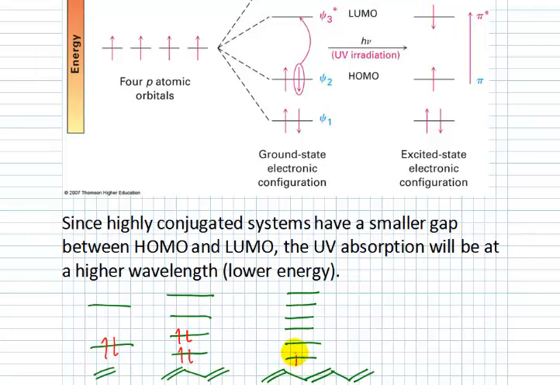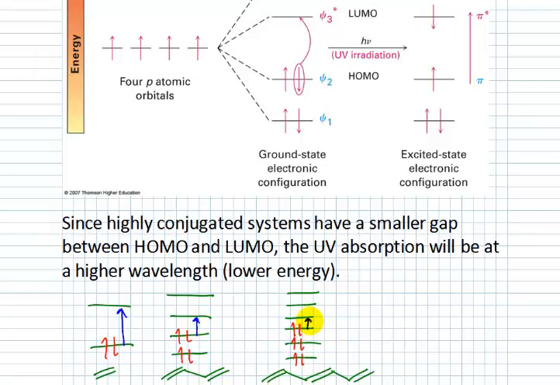And now I'll have 6 electrons. In each case, here's the highest occupied up to the lowest unoccupied. In ethylene, or really in any isolated double bond like that, there's a fairly large gap between HOMO and LUMO. As we get conjugating, the gap between HOMO and LUMO gets smaller and smaller.